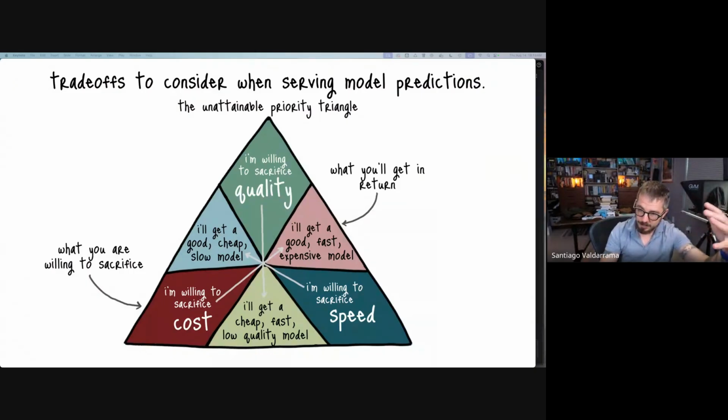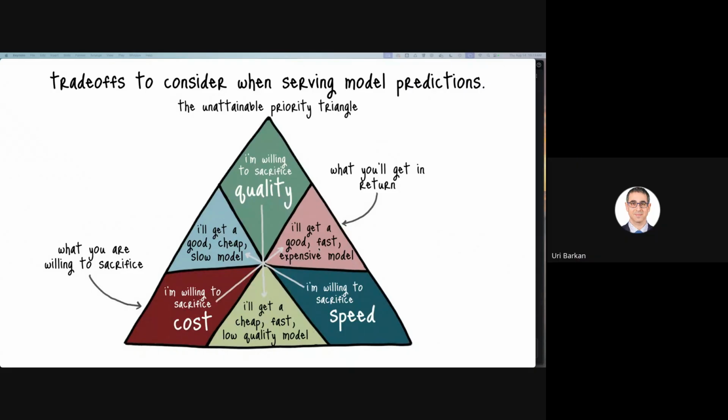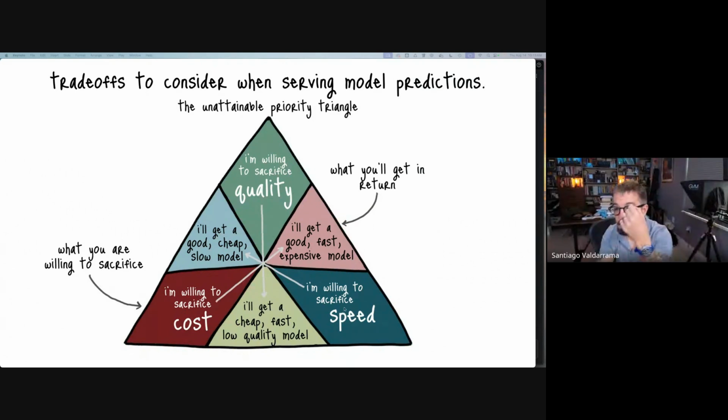So if you're willing to cut down the quality, I don't want predictions that are that great, well, then you can get a smaller model that's going to be cheap to run, and probably very fast. If you're willing to sacrifice the cost, if you don't care about how much it's going to cost, then you can get good, fast, but expensive models. And if you're willing to sacrifice speed, then you will get a good, cheap, slow model. You cannot get all three at the same time.